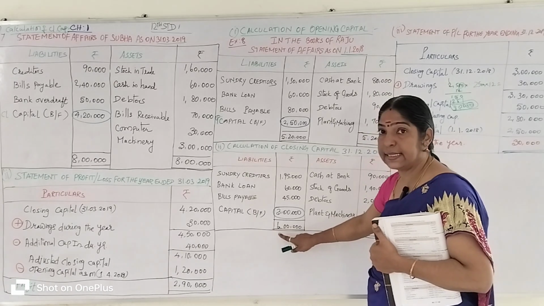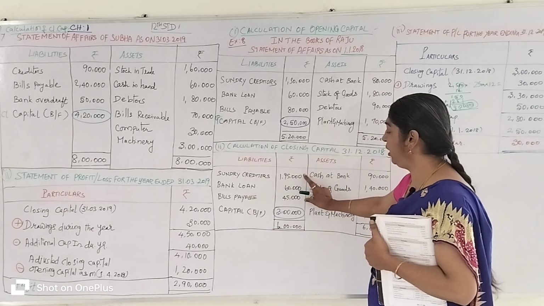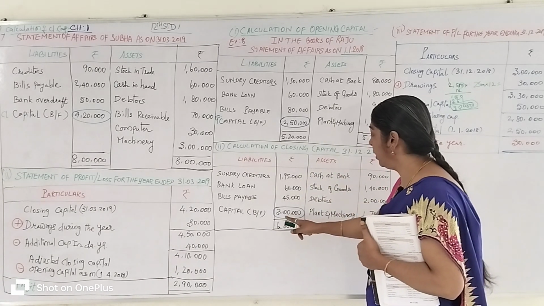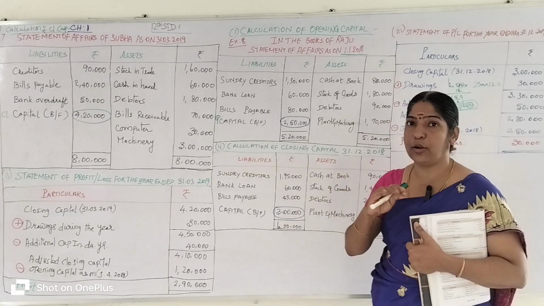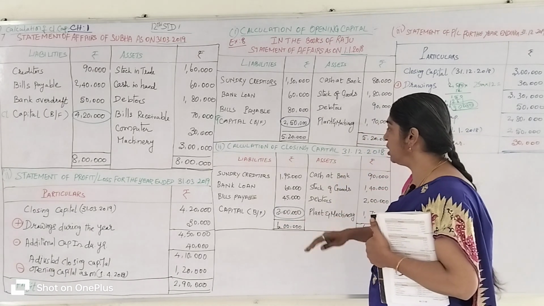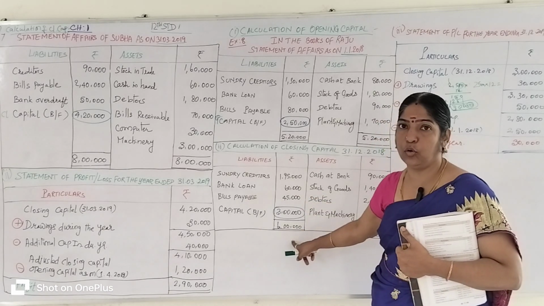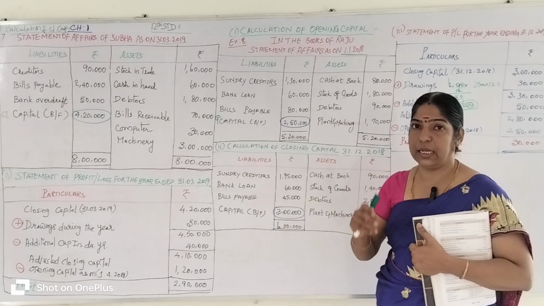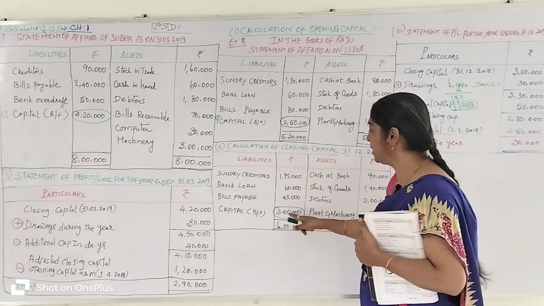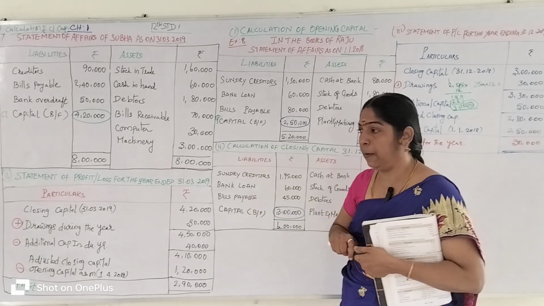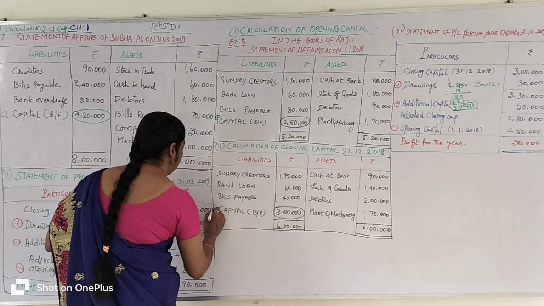You will get the difference, that is 3 lakh rupees. That 3 lakh rupees is called capital. Which capital? This is the closing capital.